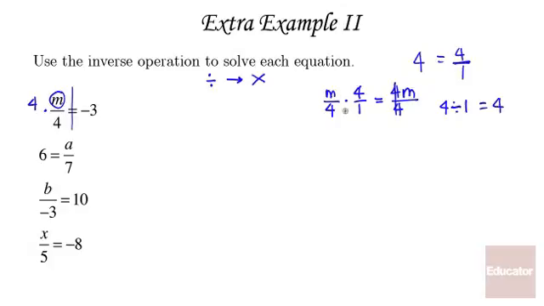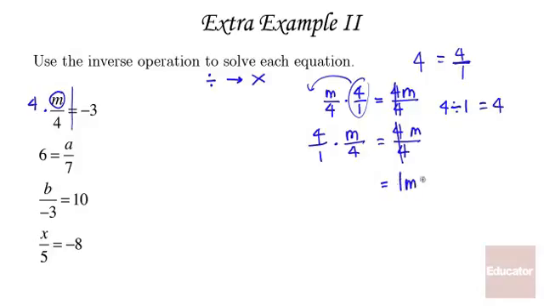And just in the same way, okay, this 4 is on this side this time, but it's the same thing. 4 over 1, or you can leave it as 4, or you can put it over 1, times m over 4. Remember, this becomes that same exact thing, 4m over 4, because this times this is that. 1 times 4 is 4. So 4 over 4 makes a 1. This is 1m.